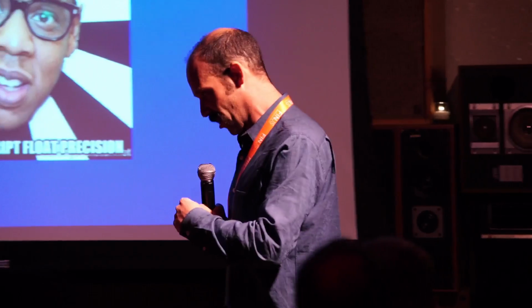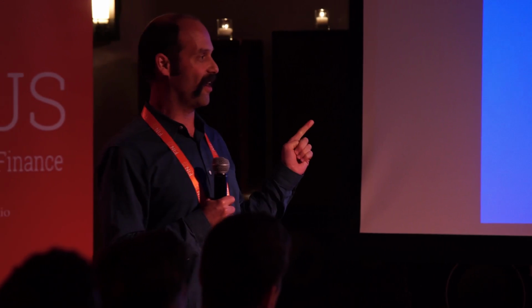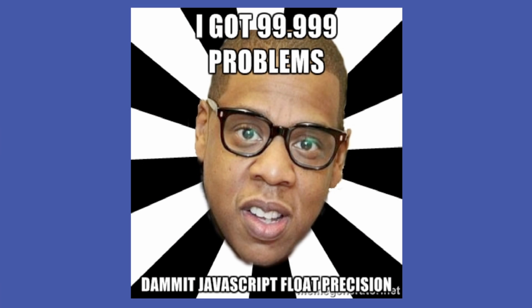So, I talked about all the great things about JavaScript, but there's a lot of problems with JavaScript. And this is one that I think people point out a lot, right? This isn't really about JavaScript's floating point support, it's the same as every other language.